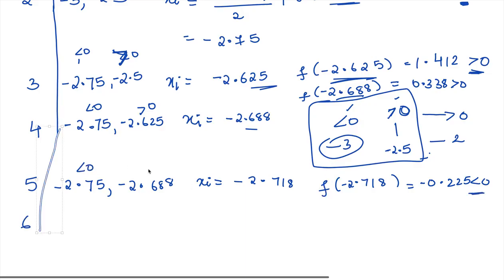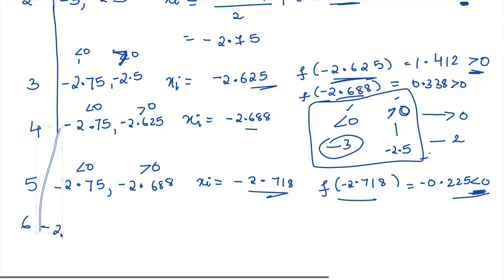So this was less than 0, this was greater than 0, and the middle value is also giving us less than 0. So we will include the middle value. But since this is giving us less than 0, from the previous interval we will take the one which was greater than 0.